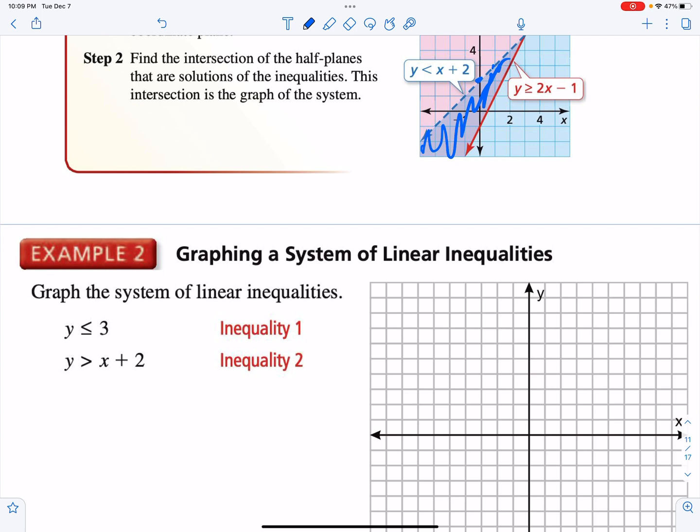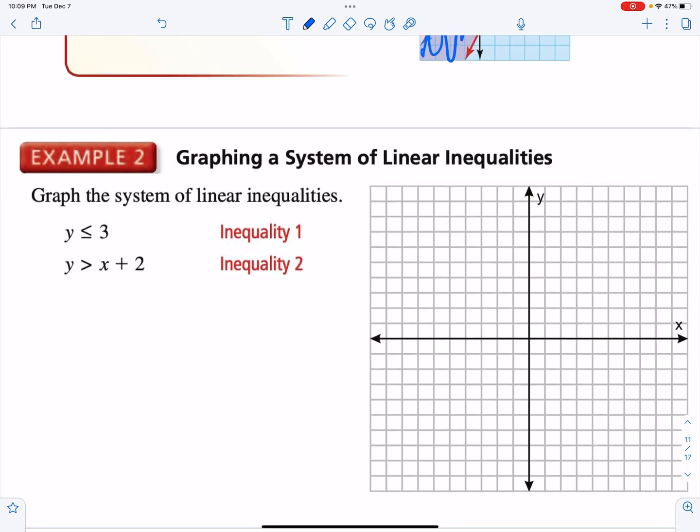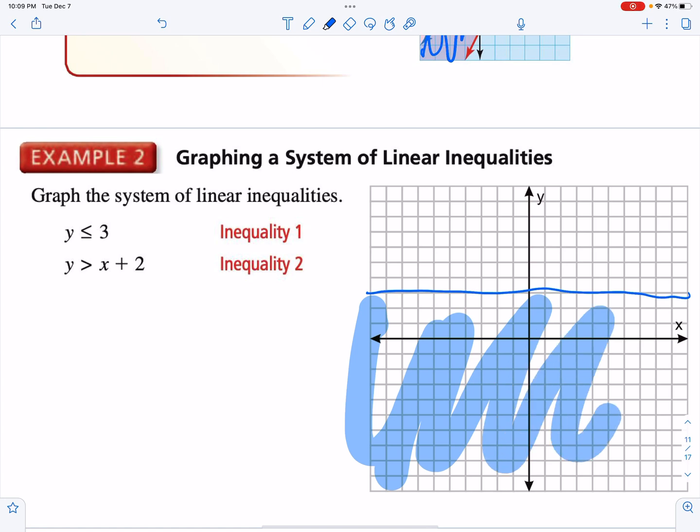So on this one, y is less than 3. I need a solid line at, oops, not -3, sorry. I need a solid line at y equals 3, and I would shade below. And then for my other equation, I'll change colors here. I have a y-intercept of 2 and a slope of 1. And this one is a dotted line.